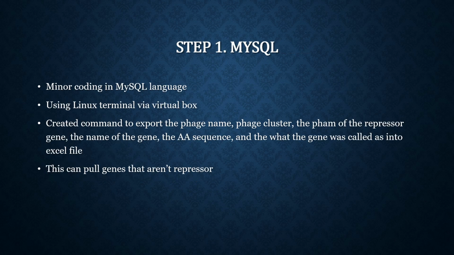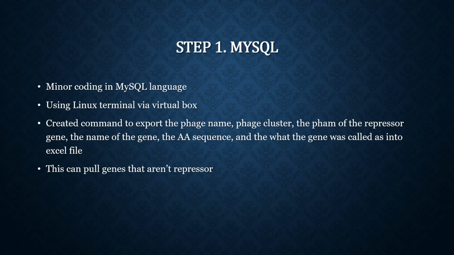The first step in our process was learning a little bit of minor coding in the MySQL language, which we did in the Linux terminal via a program called VirtualBox, which I'm not going to get into. I wrote a command to pull all of the information I needed from the Famerator database via this command line.